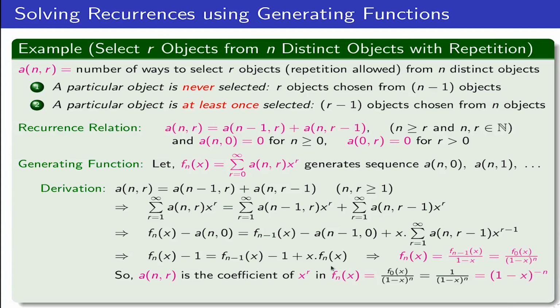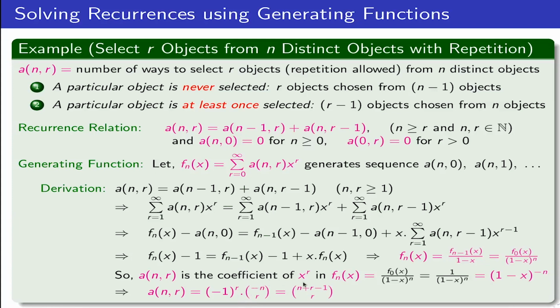Now, if I try to compute the coefficient of x to the power r here, then I will get my answer, because the x to the power r coefficient is a(n, r). So, now the question is, what is the coefficient? It is this.